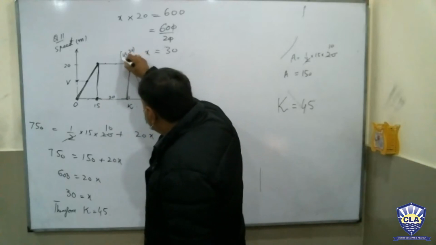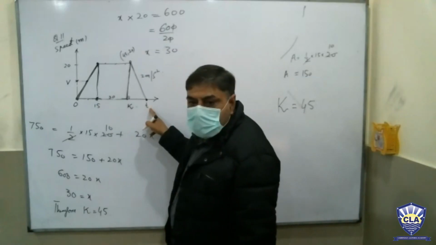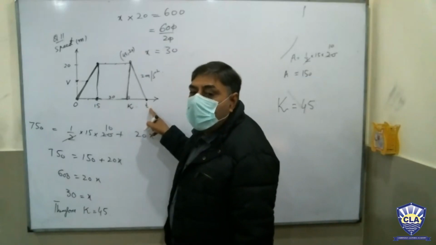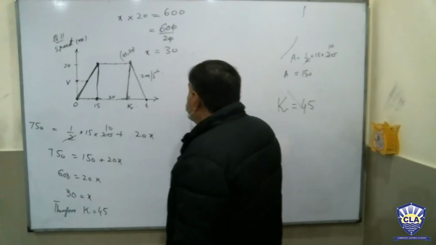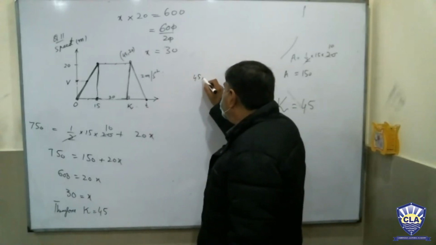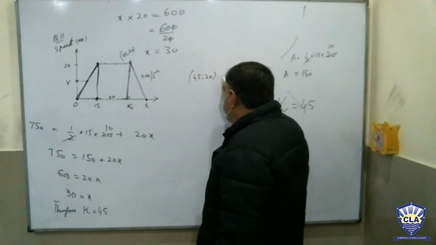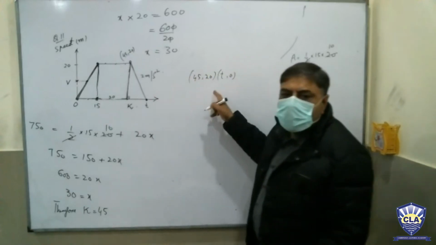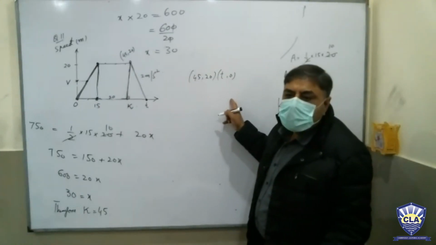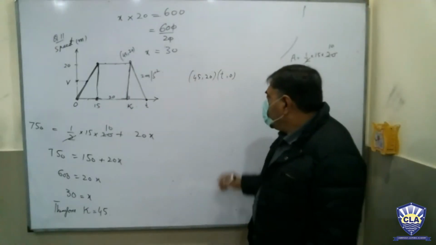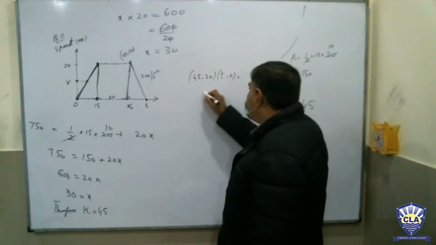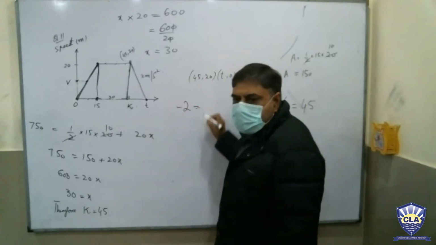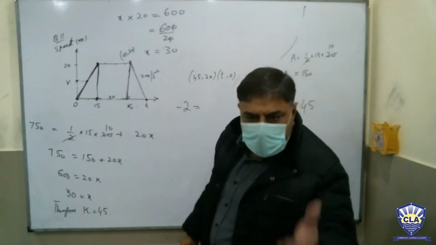And the coordinates of this point are t, comma 0. The gradient of these two points is -2, because he said retardation is 2.